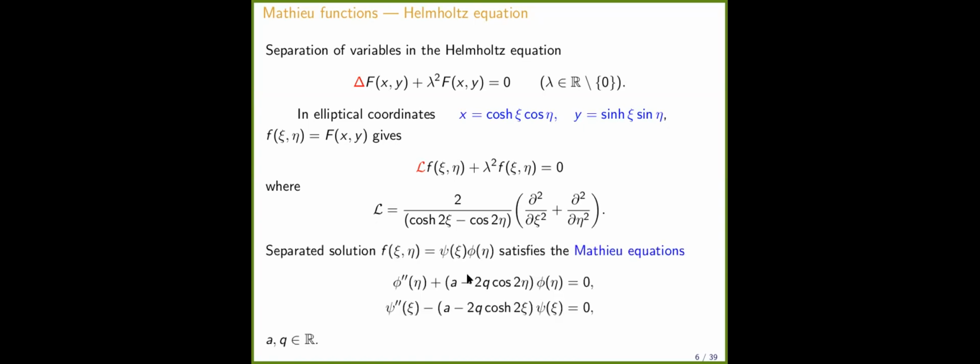And if we look for a solution which is a product of a function of Xi by a function of eta independently, then we find that phi and psi, these two functions of eta and Xi, satisfy the two different kinds of Mathieu equations that we have seen. So this is where the two Mathieu functions appear.